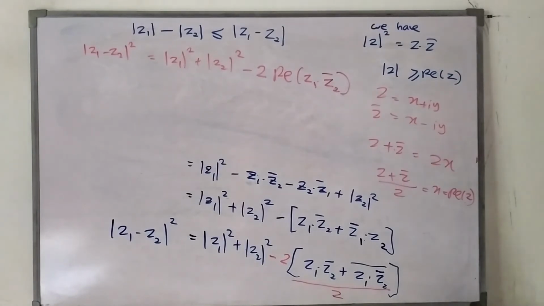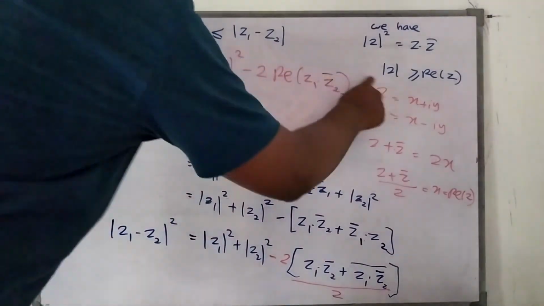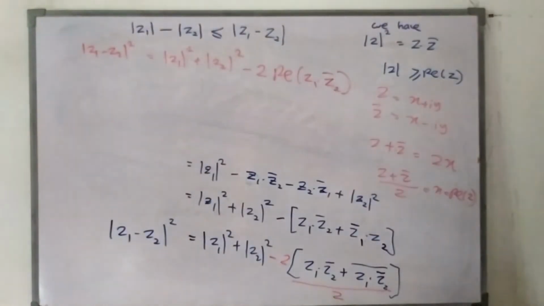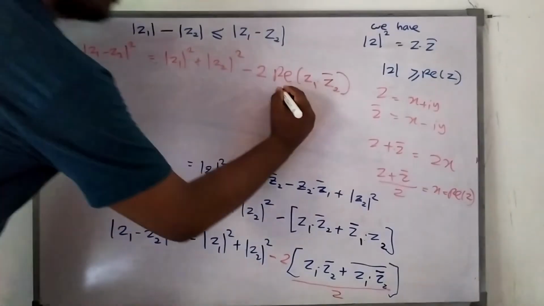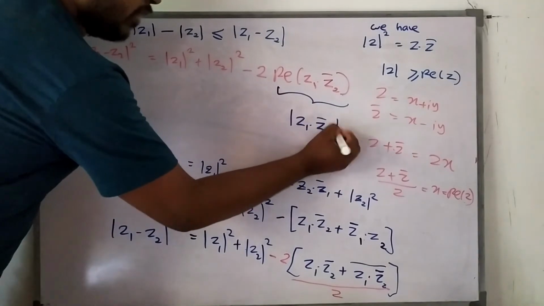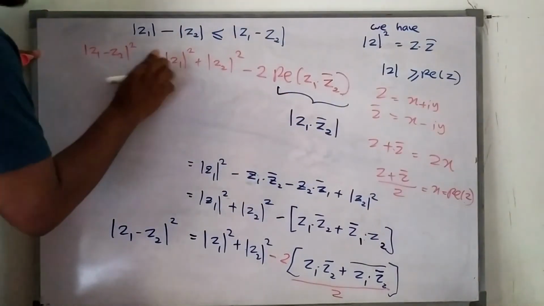After that, according to that, modulus z is always greater than or equal to real z. So I am just putting modulus z with two bars, right? But here it's equal.